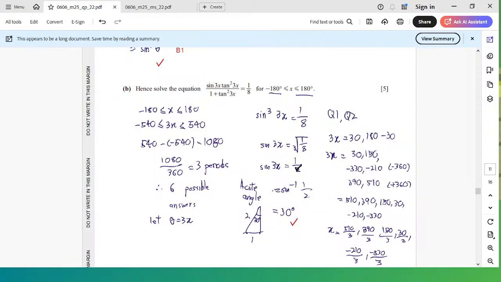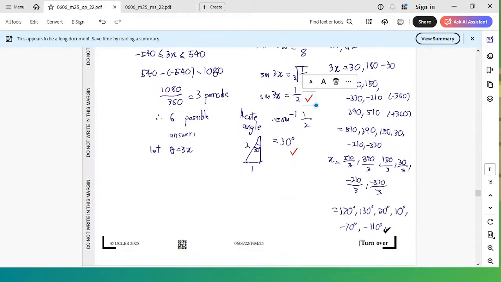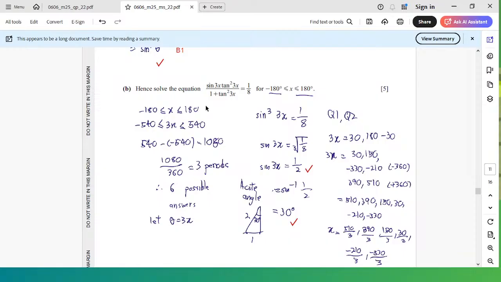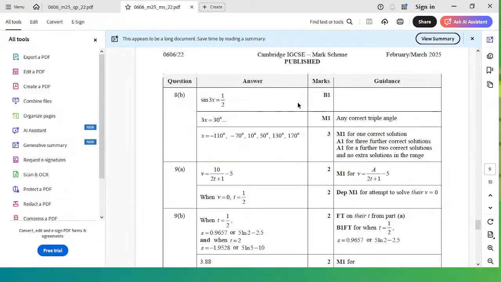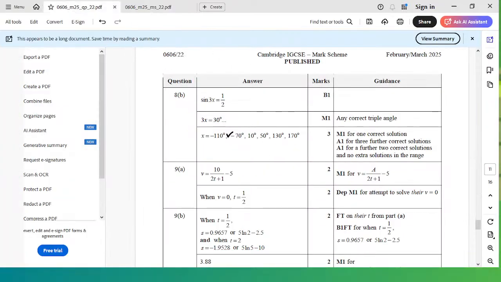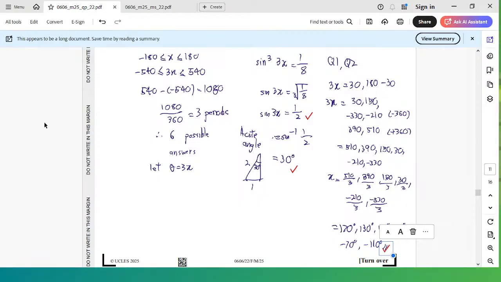Oh wait, this deletes and gives me this 3. So marks for B1, M1, and A3. So this is B1, this is M1, this is A3.